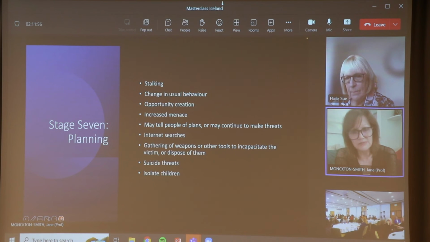Quite a lot of times, those internet search histories have revealed a planning stage. They may as well tell people of their plans, but people very rarely take that seriously. They think, that's just this person going off on one. They're not going to actually do it.